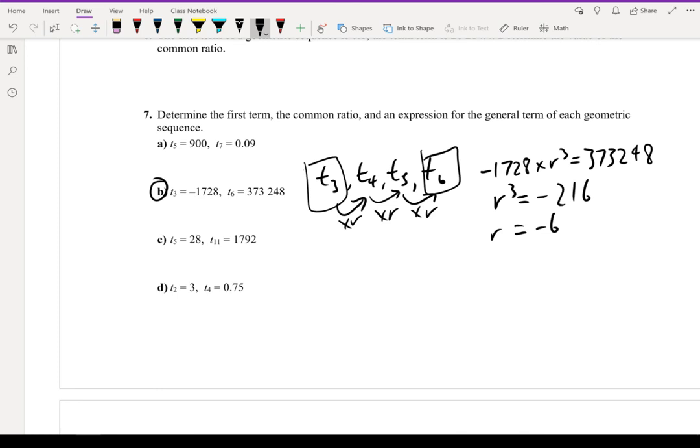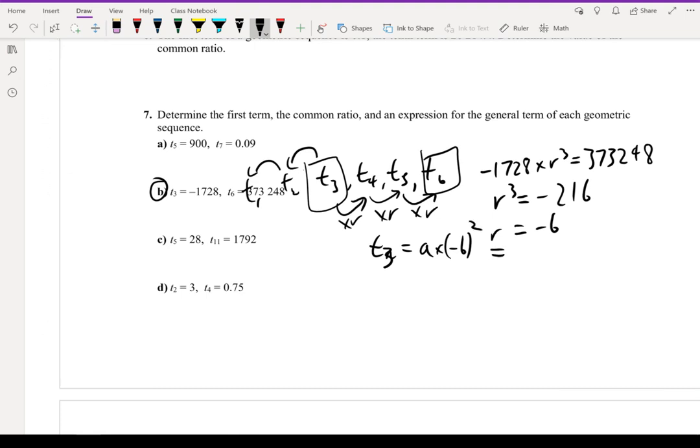Okay, so from T3, I can go backwards to T2, go backwards to T1, or you can use the general form if you want. T of n is equal to a times negative 6 to the power of, let's put T3, okay? T3 is equal to a times negative 6 to the power of 3 minus 1, which is 2.